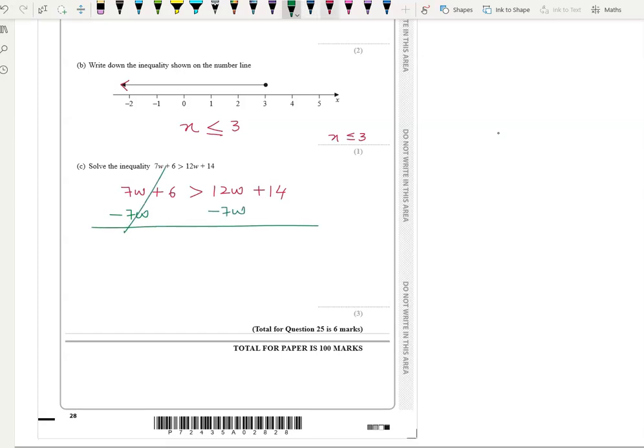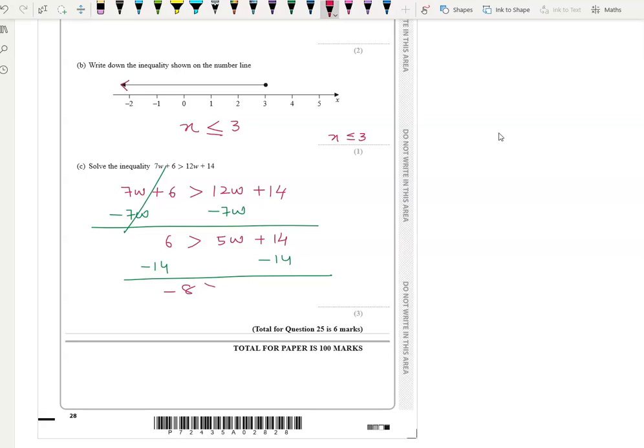This cancels out. You are left with 6 greater than 12 minus 7, which is 5w plus 14. Now I need w alone, so I need to eliminate 5 and 14. Subtract 14 on both sides. 6 minus 14 is negative 8, greater than 5w.